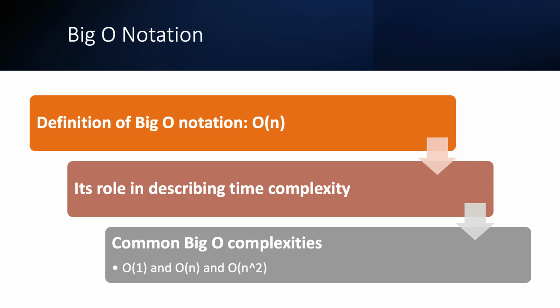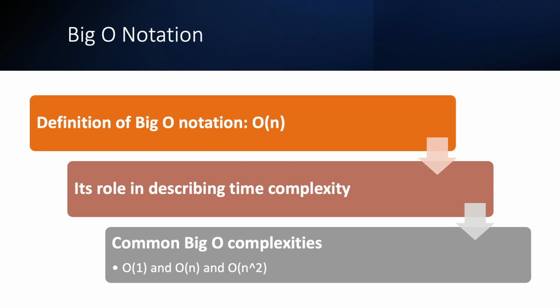So think of Big O notation as like a special label that helps us talk about how fast a computer program works. Think of it like telling a story about superheroes, but instead of using many words, we use a simple label to explain how fast or slow our superhero can be. I'll continue to use the simple example of superheroes to demonstrate the concept of time complexity and the Big O notation.